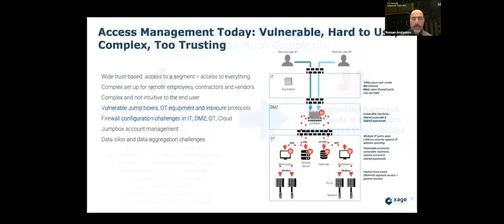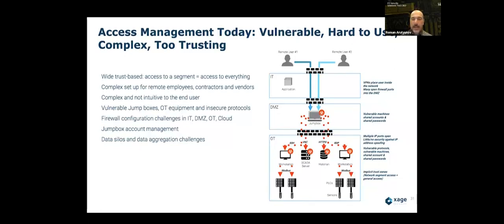If we look at that a little closer, what we see today, and what we believe at Sage, is that access management is really just too vulnerable, hard to manage, and way too trusting. Operators are typically designed to the Purdue model. Depending on the number of levels, some may have 3, others may have 6.